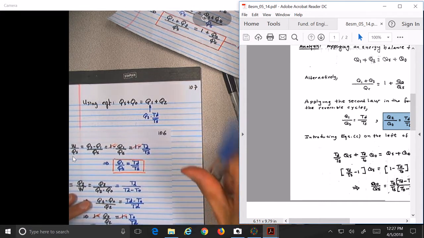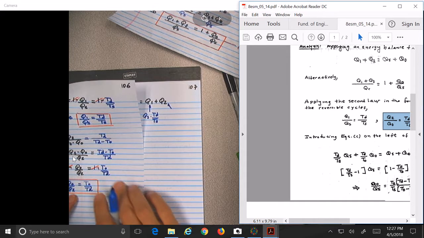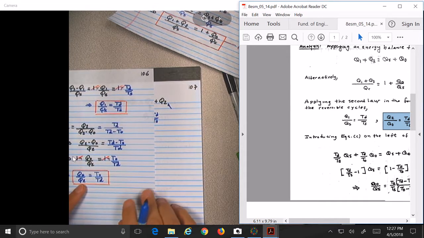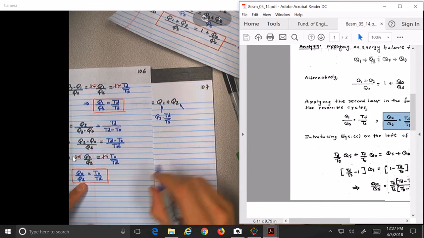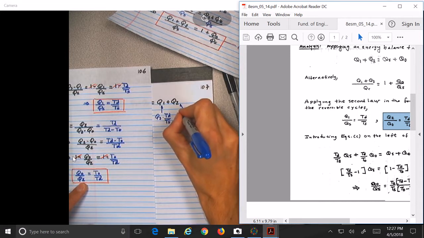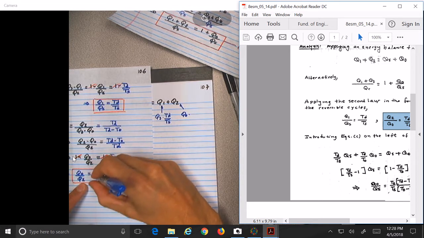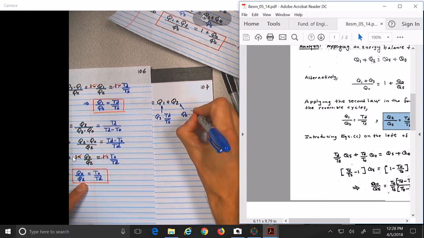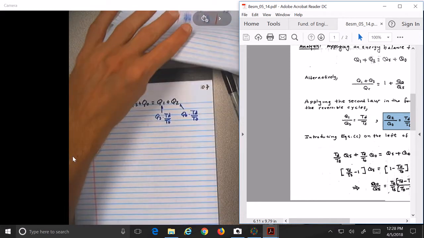And now if we use this equation over here, what becomes Q2? So Q2 will be Q naught times TD over T naught, and this is what we have different than them, I think.